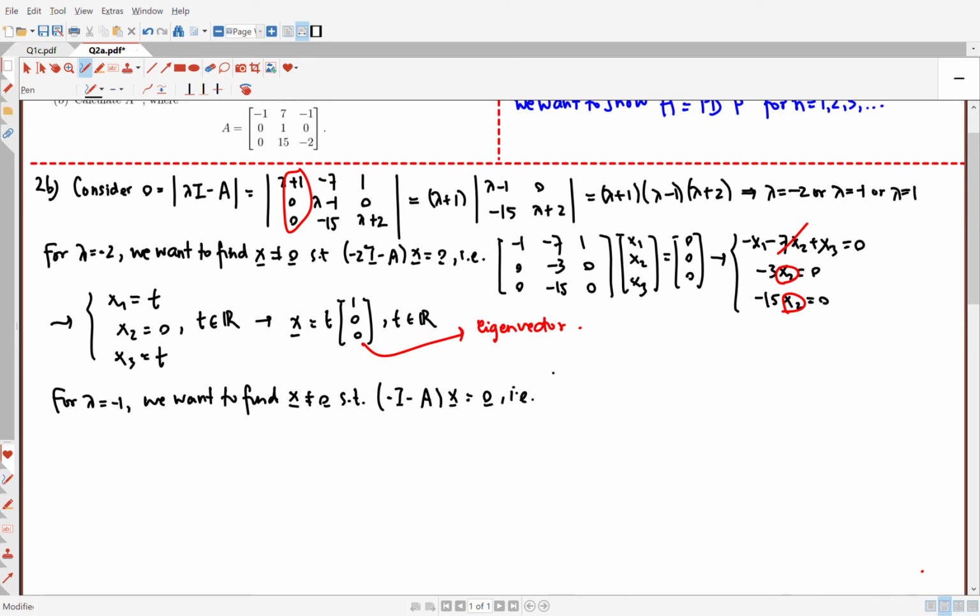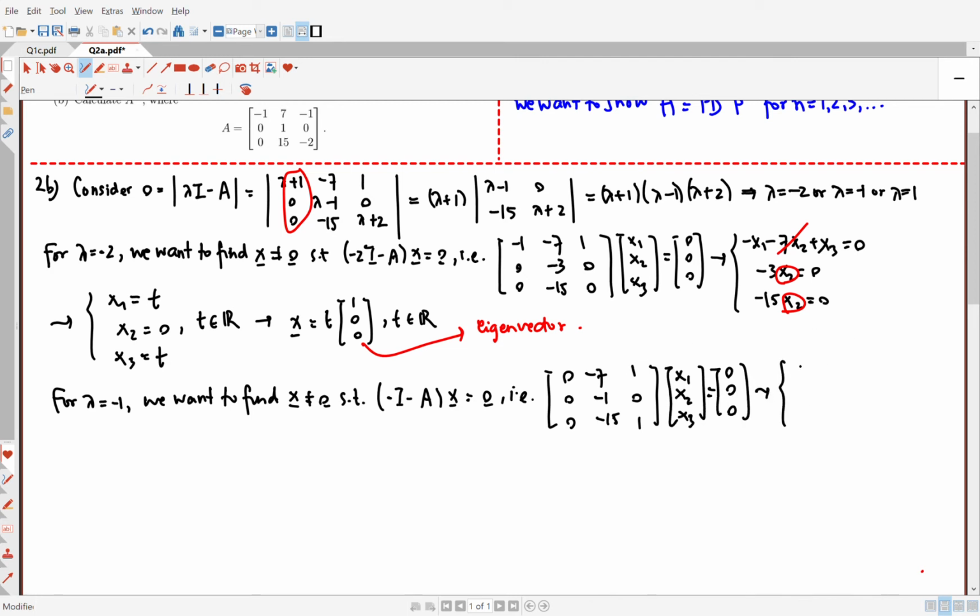In other words, 0, minus 7, 1, 0, minus 1, 0, 0, minus 15, 2, times x1, x2, x3 is equal to 0, 0, 0.